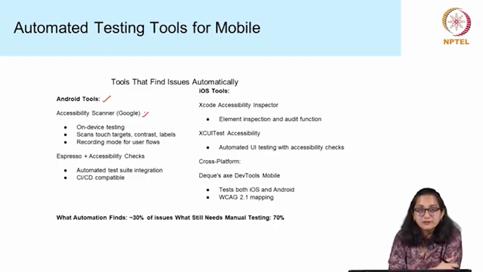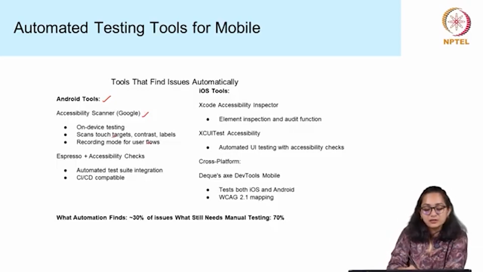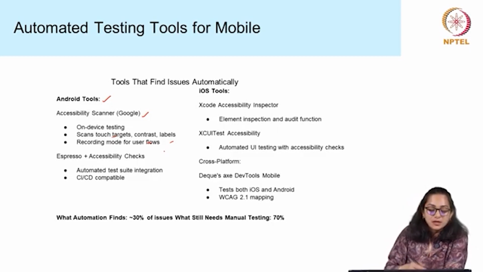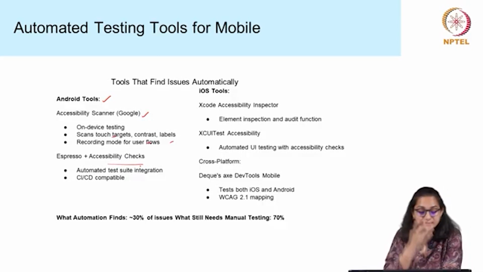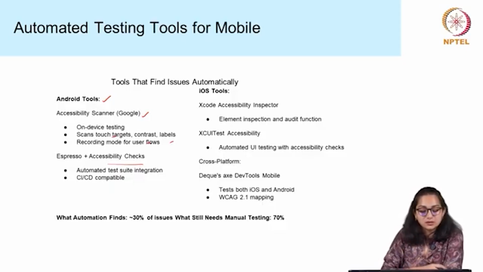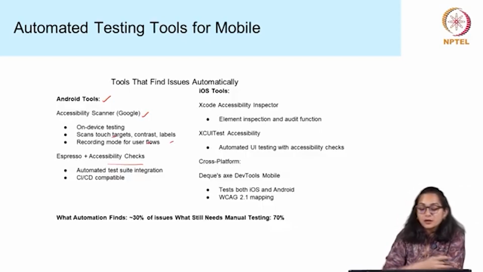It is an on-device scanner. It can scan touch targets, contrast, labels, etc. It has a record mode for user flows. Then there is another tool called Espresso, along with Accessibility Check. It is an automated testing suite integration and it is CI/CD compatible.